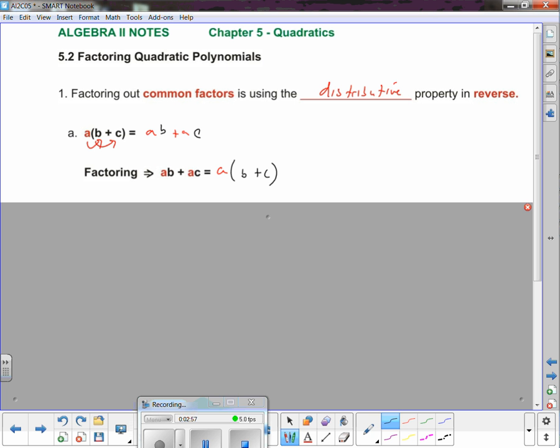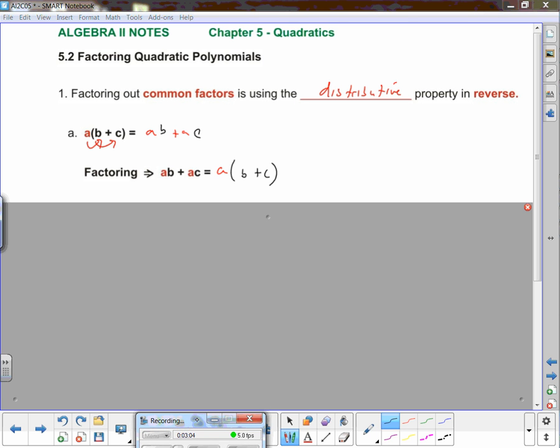We've effectively done the distributive property in reverse, right? We've unmultiplied, is what we just did. It's unmultiplication. So instead of going from this, ending up in that, we start with this and we unmultiply to that, right? Factoring out common factors first.